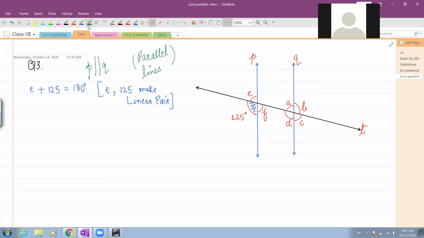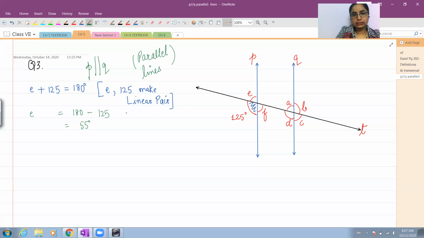And now you can solve. E equals 180 minus 125. The answer will be 55 degrees. And I'm going to mark it here, so that I know which ones are left. I have the answer for E, 55 degrees.